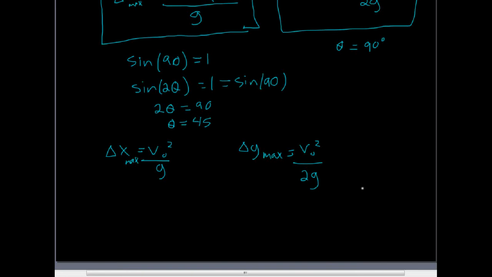And these two results are fairly interesting, because this tells us that if fired at their optimum angles respectively, a projectile can go twice as far horizontally than it can vertically.